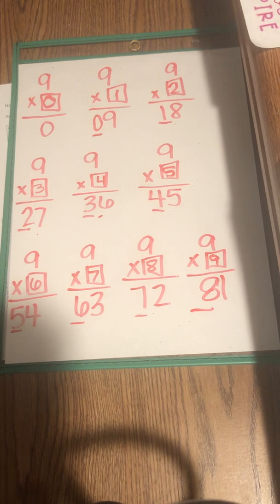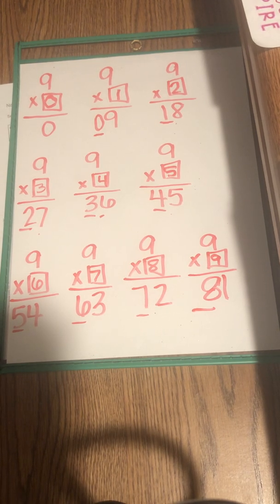So what's happening to our tens? They go up by 1. So we're seeing that as we multiply by a bigger number, as it increases by one more group of 9, our tens go up 1, and our ones go down 1.